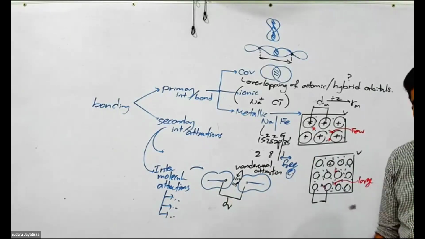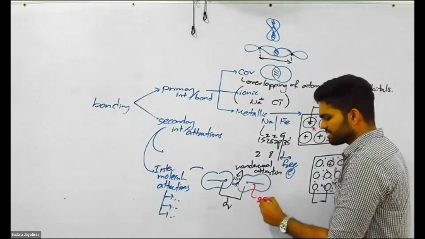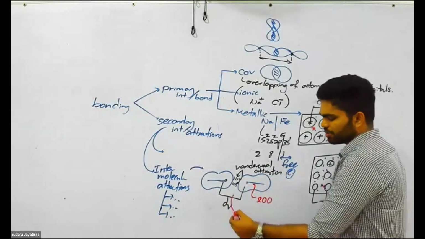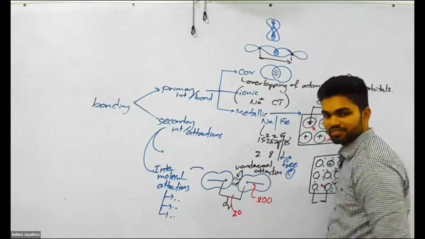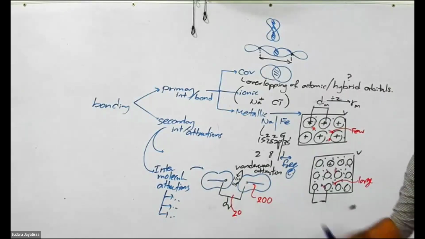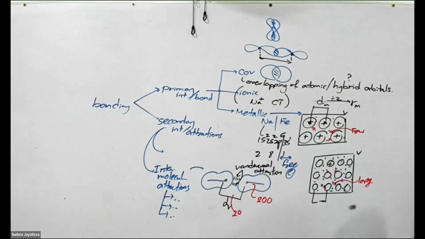For example, if I give you some values, if you assume this has 200, this will be like maximum 20, at least 10 folds larger. Now you've understood the three distances.